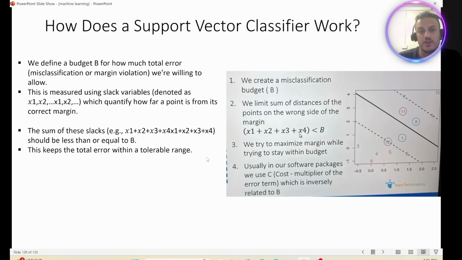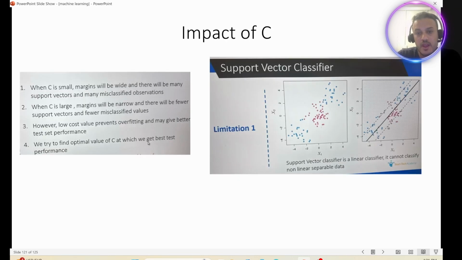When C is small, the margins will be wide, but when C is large, the margins will be narrow and there will be fewer support vectors. So we try to find the optimal value of C at which we get the best test performance.